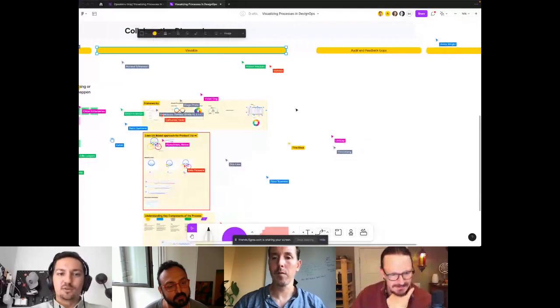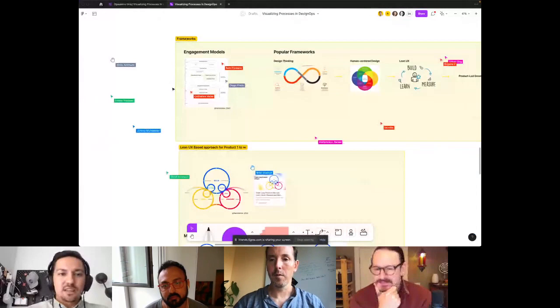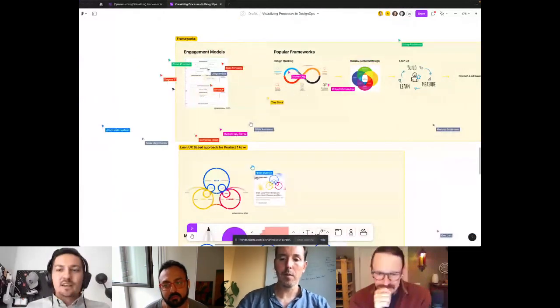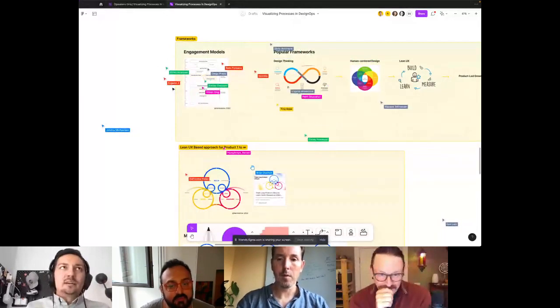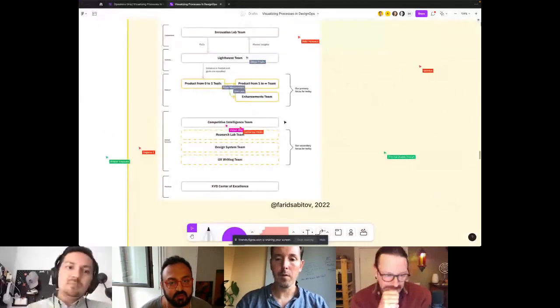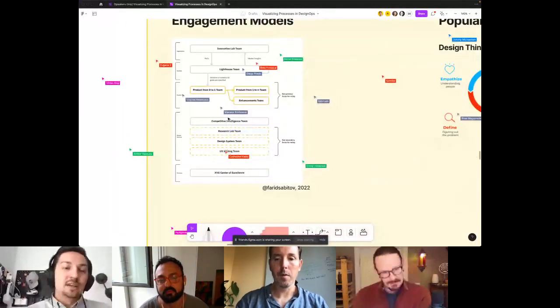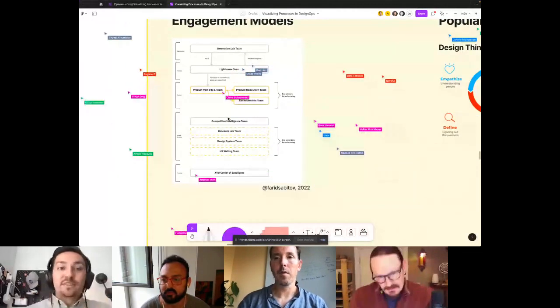But the first thing that I would like to start with is that sometimes it's really hard to understand your processes, right? I would like to go back a little and start by understanding the approach of standardizing engagement models first. Here's one of the examples that I'm using: when we are trying to standardize design processes, it's important to understand how this process is related to specific engagement models.